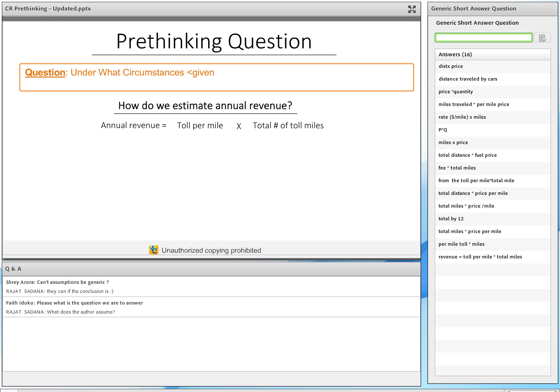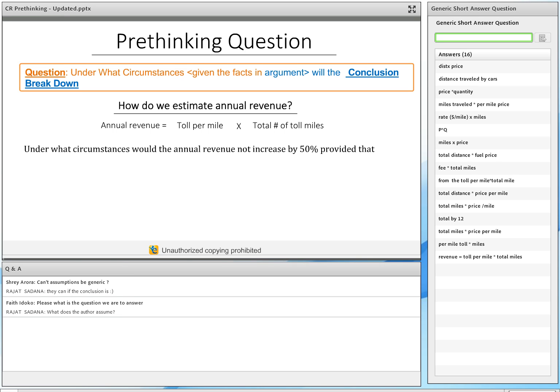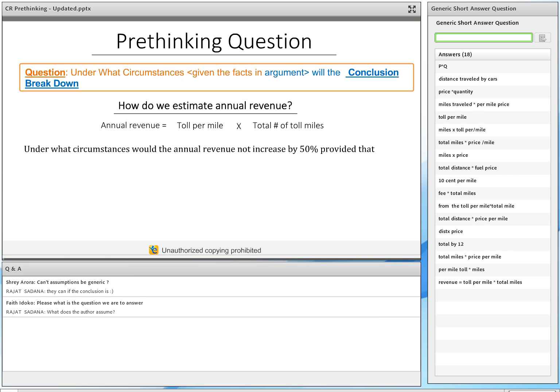We already know that the toll per mile is already up by 50%. That's something that's given to us.